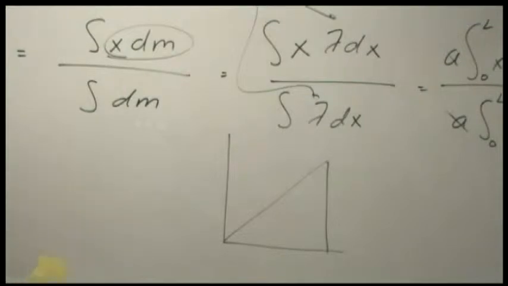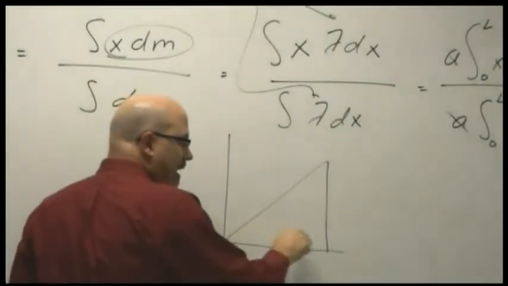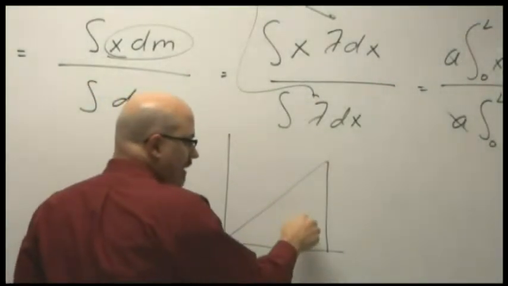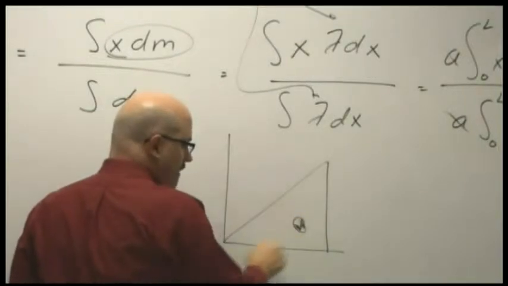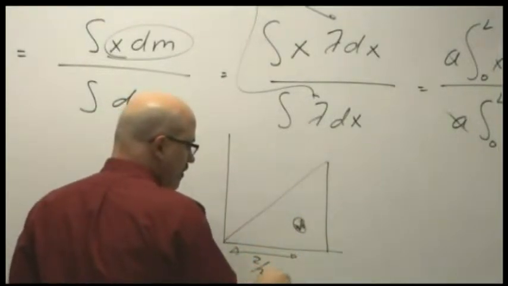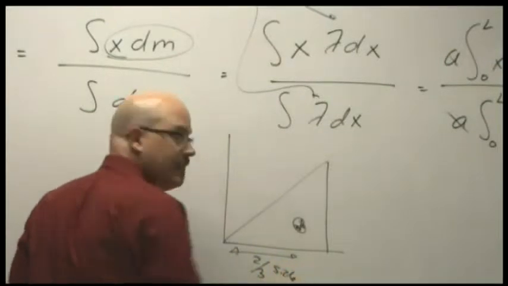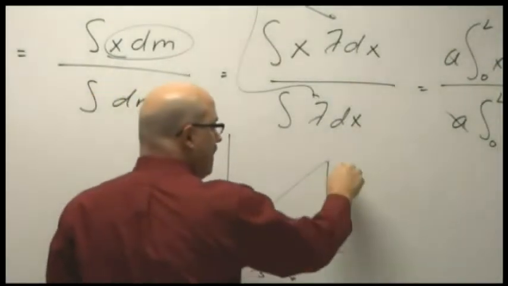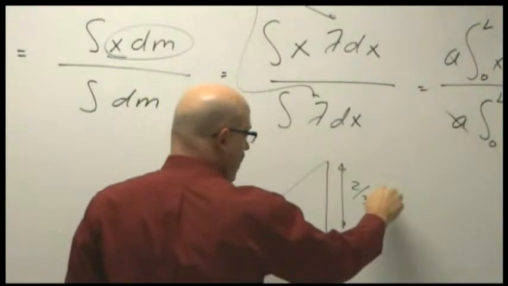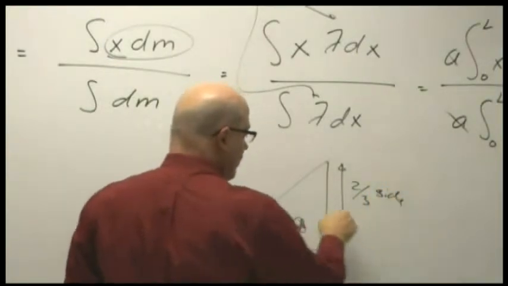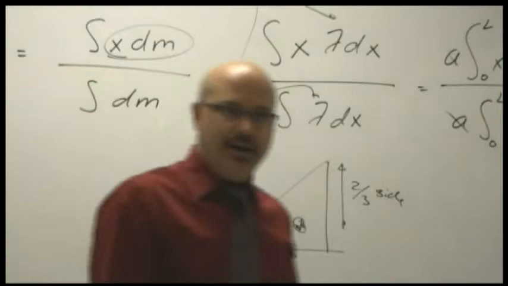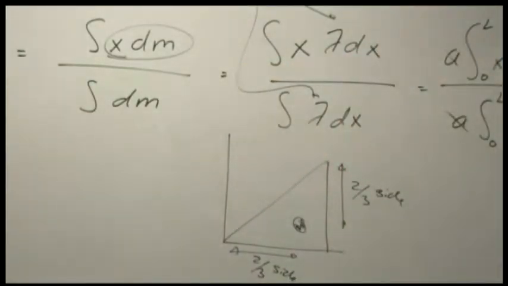For every triangle, if you go from the point outward in this direction, the center of mass will be two thirds of the side. And if you go down this way, it will also be two thirds of the y direction. So it will always be in that spot, as long as it has a linear transition. On a test, can we just automatically jump to that conclusion? Yes. Now, I doubt seriously if they would give you a two-dimensional object like this.